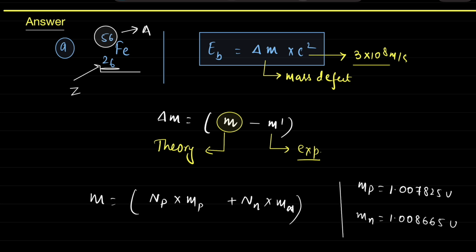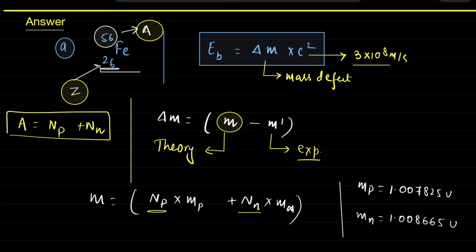So we have to find the number of protons and number of neutrons. To do that, we use the atomic number and atomic mass relation. We know that A, the atomic mass, is equal to number of protons plus number of neutrons, and the atomic number is equal to the number of protons.